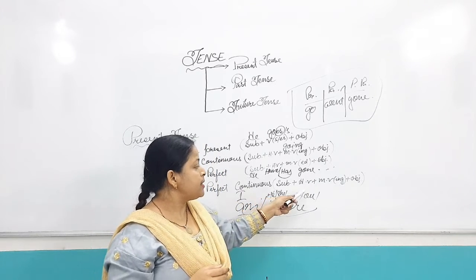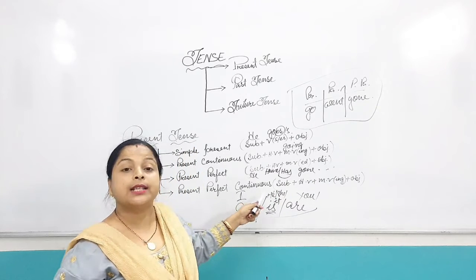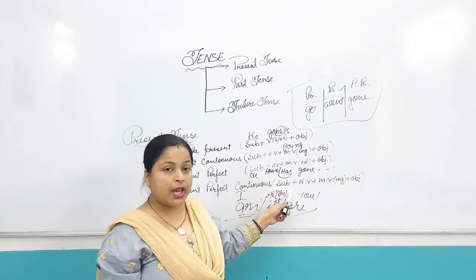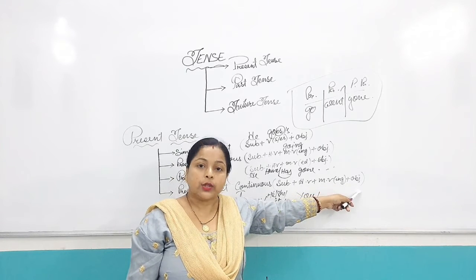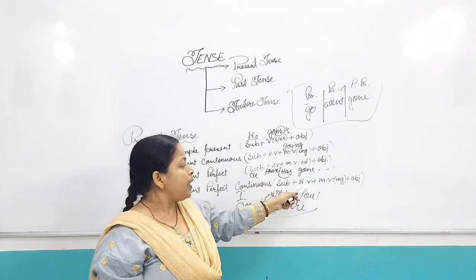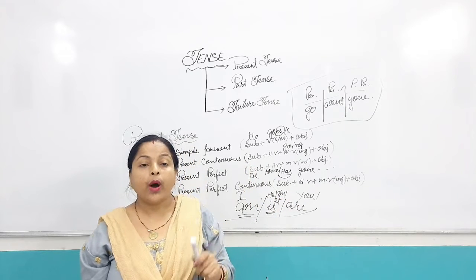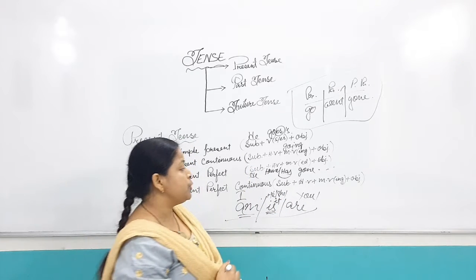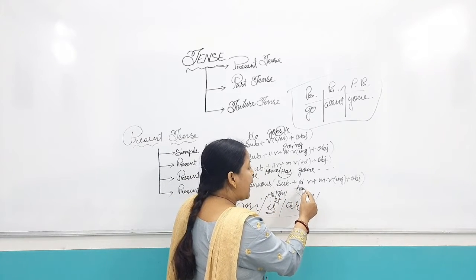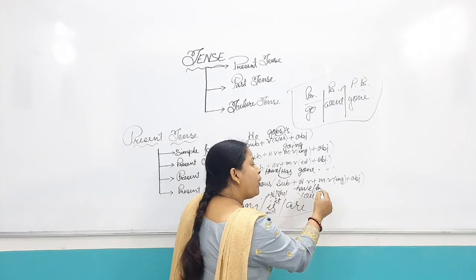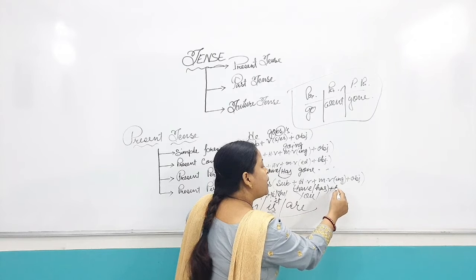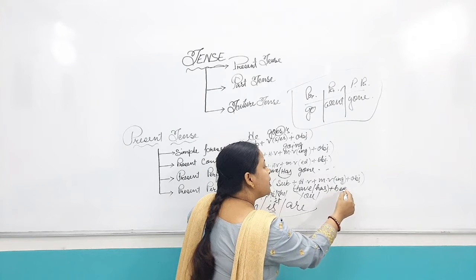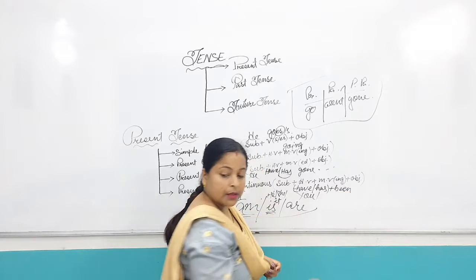So what is the sentence formation of present perfect continuous tense? Subject plus helping verb plus main verb plus object. Now see about the helping verb. What helping verb should we use? Have or has, these two will be there, but one more thing will be added, that is been.